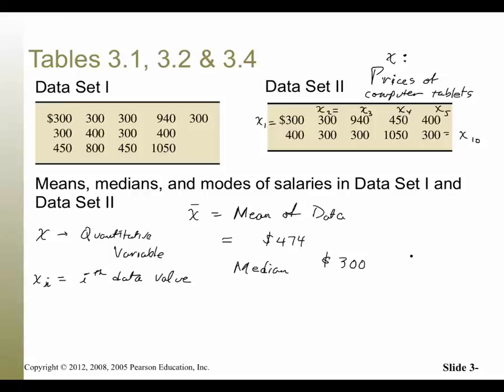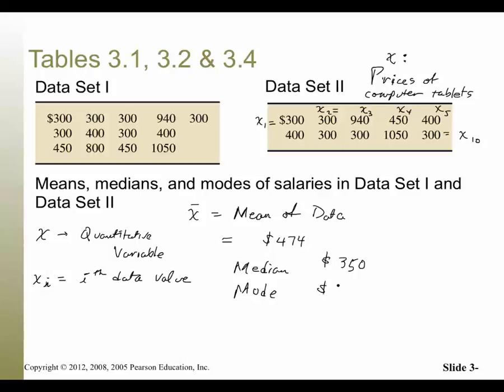Oh, I'm sorry, I was thinking that there were 8 data values. There's 10 data values. So since n is 10, you're right. The fifth data value is 300, and the sixth data value is 400, so the median is 350. Thank you. And what's the mode?